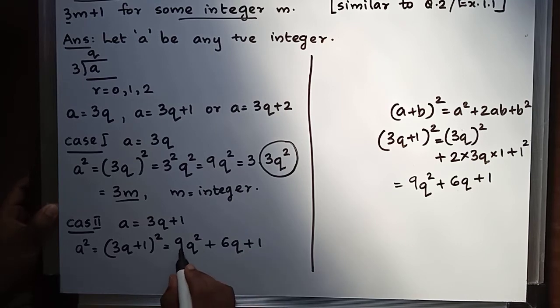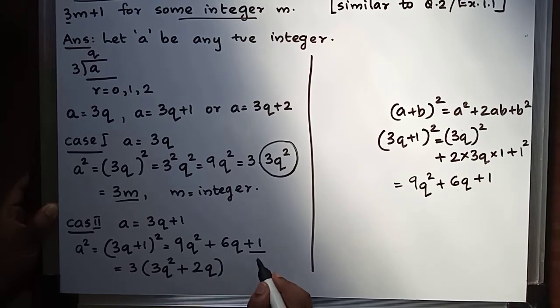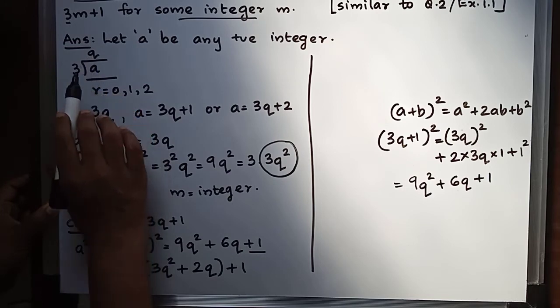See here, 3 is a common factor for these two terms. So I am taking 3 outside. Here I will get 3q square, and inside the bracket, 3q square plus 2q, and plus 1. Here, q is the quotient which we got earlier, right?